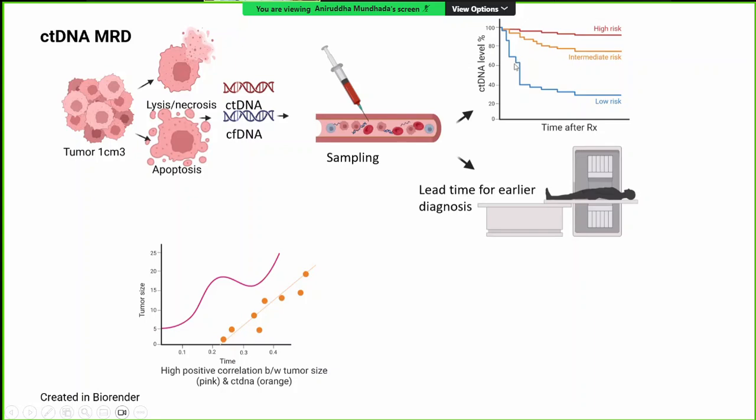So after treatment, usually if the ctDNA level falls, it correlates with a better prognosis and that the tumor is not being shed from the tumor cells, and that would correlate with the tumor size shrinking as well.